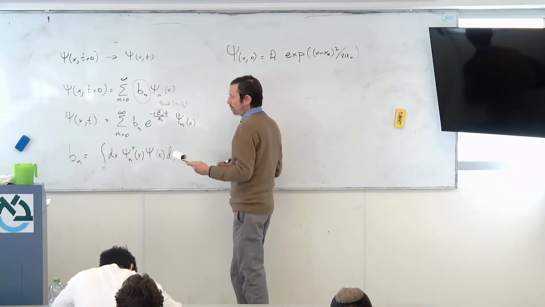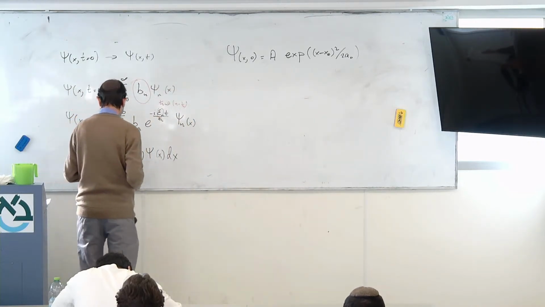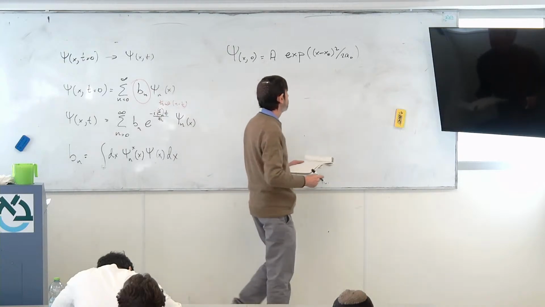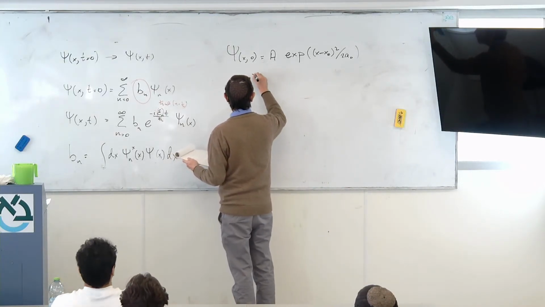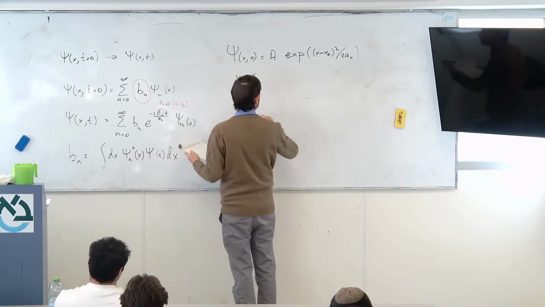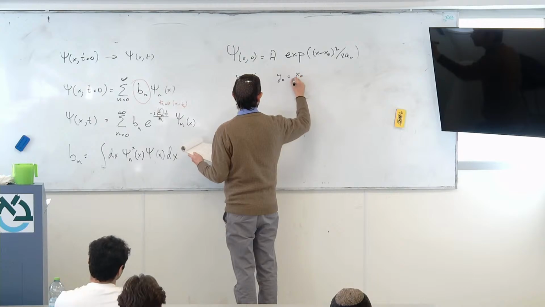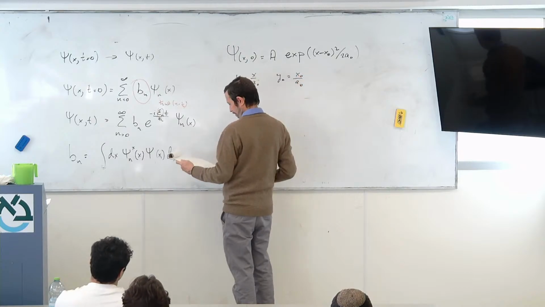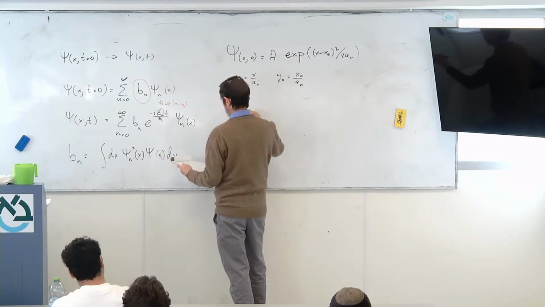Because I prefer to work here in dimensionless variables, write down y is x over a0 and y0 is x0 over a0, and psi of y and 0.